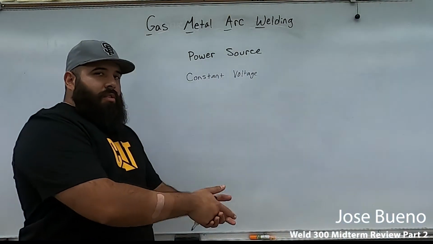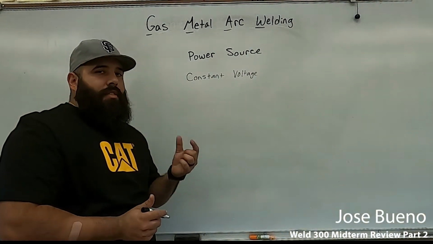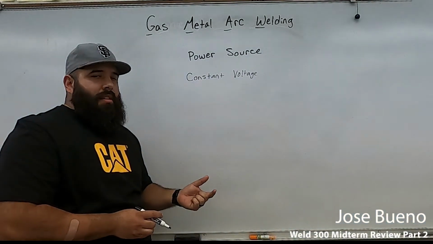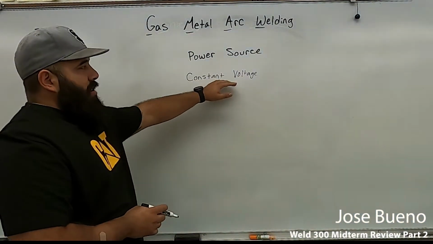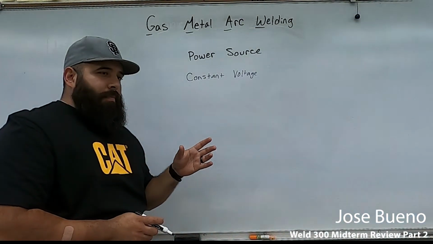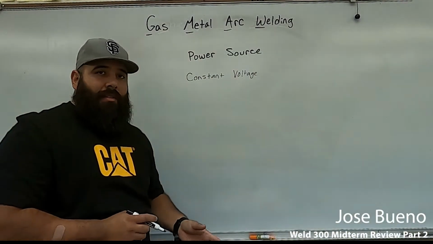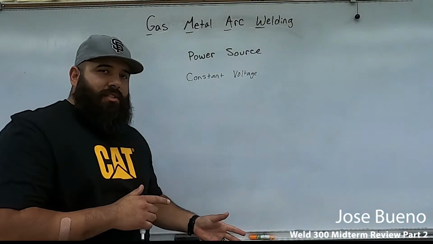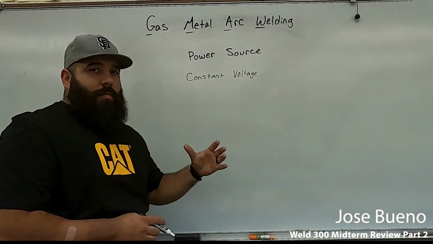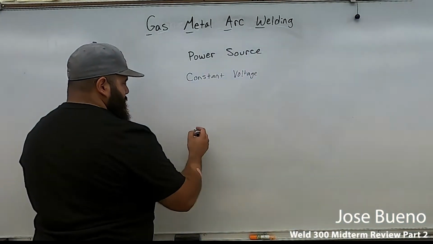Even though we can lengthen our stick out or shorten our stick out, that doesn't really change the size of our arc length. So by having a constant voltage, that allows for a more controlled or more regulated arc length. Even though we may increase our stick out or decrease our stick out, the arc length remains relatively the same. So just a little illustration of that.